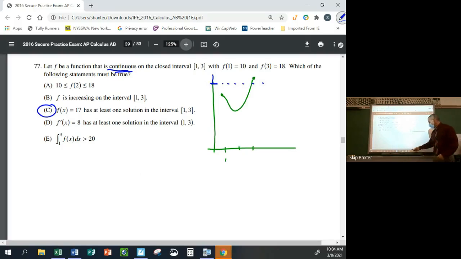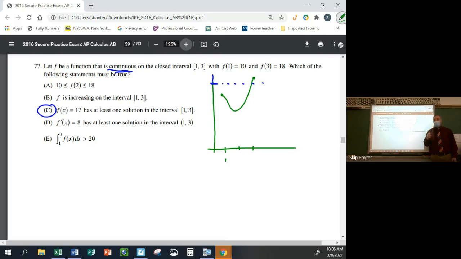If you look at the other choices, what are they trying to fool you into using in part D? MVT. Why isn't it MVT in this case? Yeah, that's one reason it doesn't work, because when you take f of b minus f of a over b minus a, you get 4, not 8. What's another reason it doesn't work? It doesn't say it's differentiable, right?